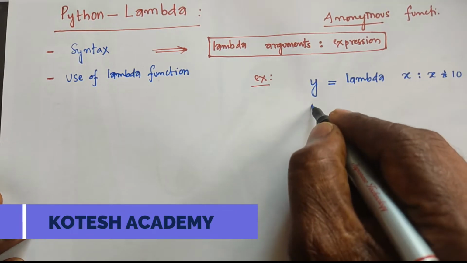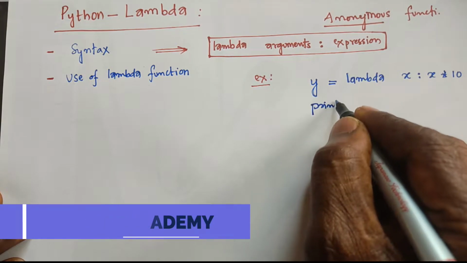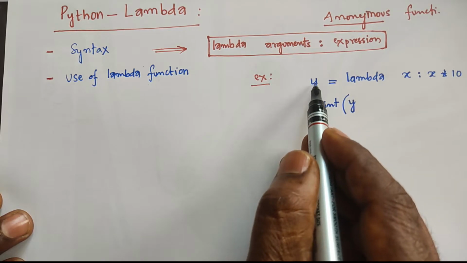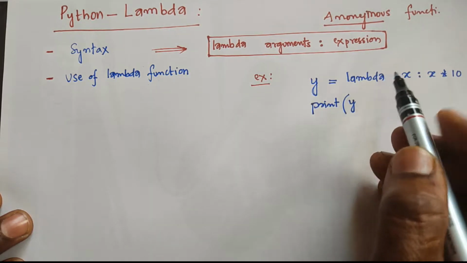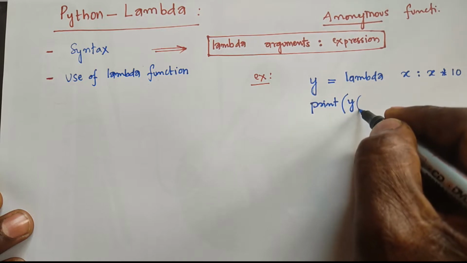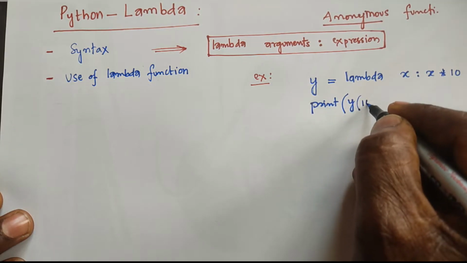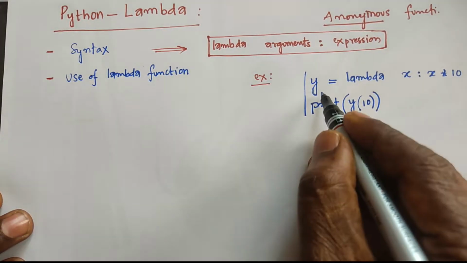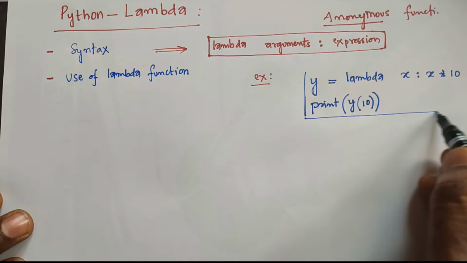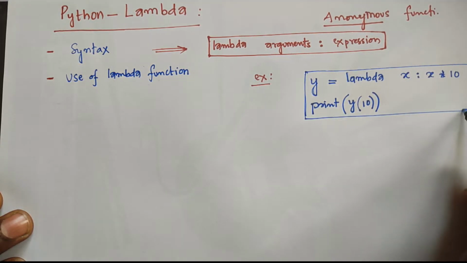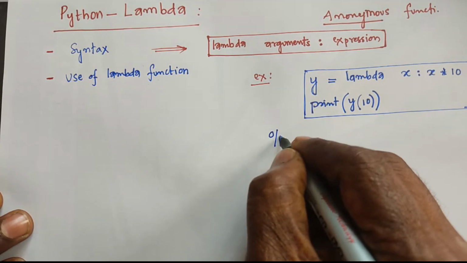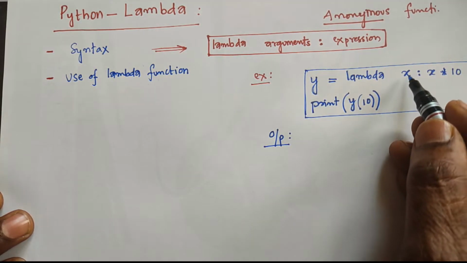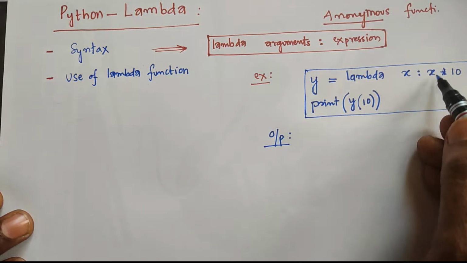After that, I am writing the expression print of y, and in y I am passing the value 10. So this is the actual creation, and this one is calling. What is the output for this? We are representing y is equal to lambda x: x into 10.